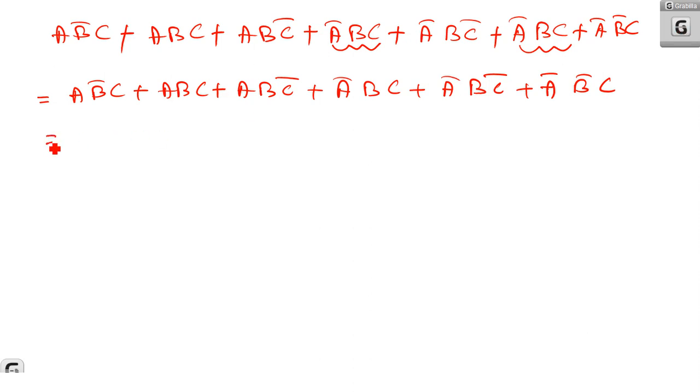Can I take anything common from anywhere? So you will get something like C, A bar B bar. You can take from A bar B, from these two terms. Sorry, not those two terms.